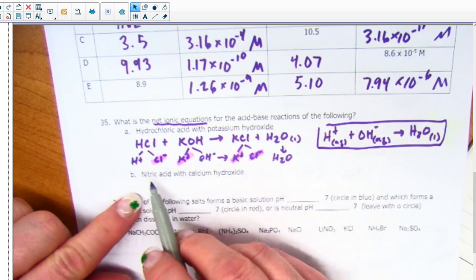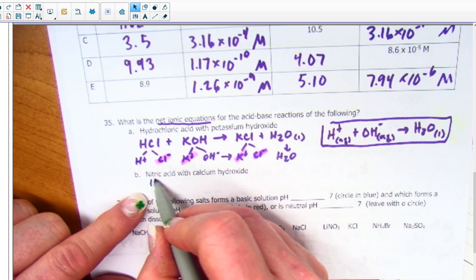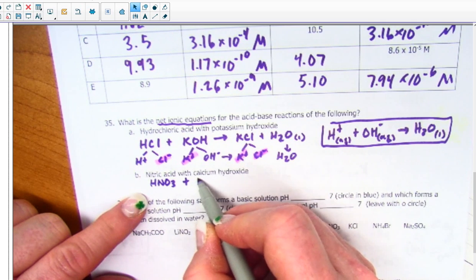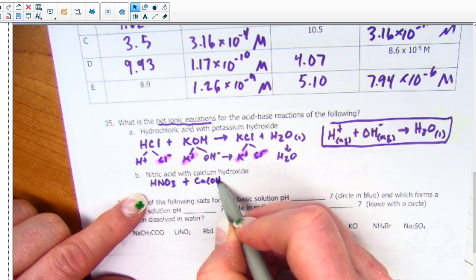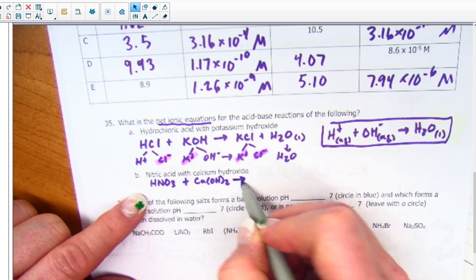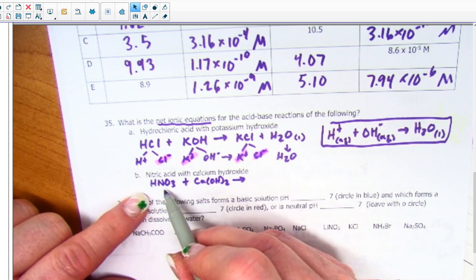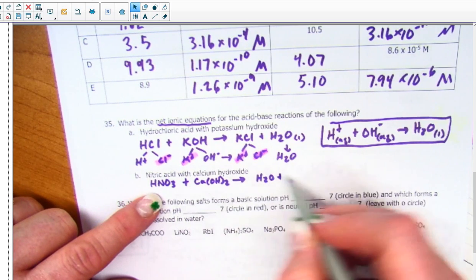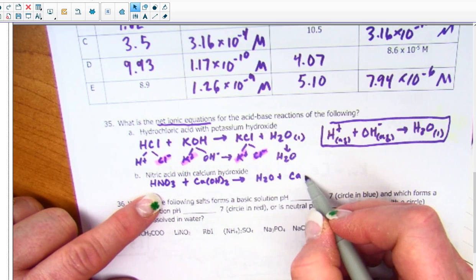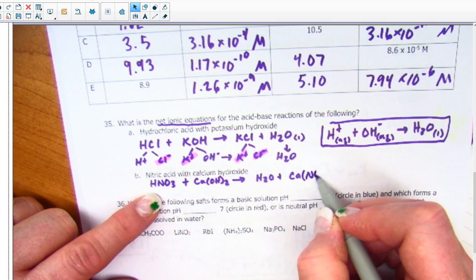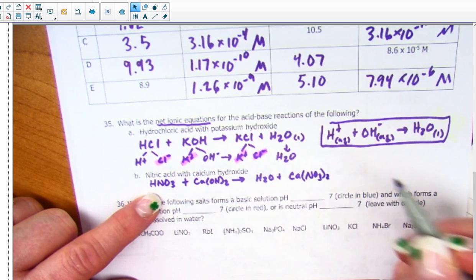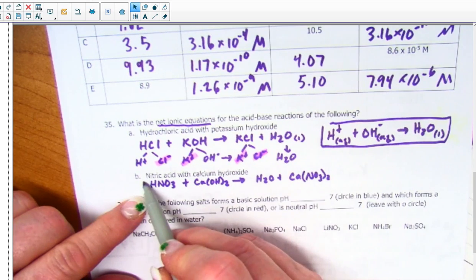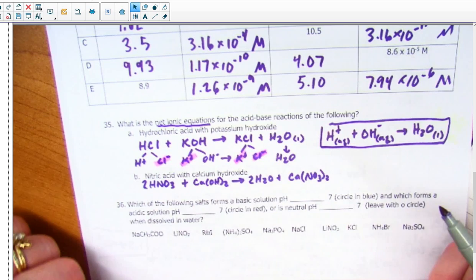Okay. Now if we look at the next one, nitric acid HNO3 plus calcium hydroxide Ca(OH)2 gives me, outsides make water, H2O, insides make the salt, Ca, which has a plus 2, with NO3, which has a minus 1, so I'm going to need two of them. Now again, I need to balance it, so I'm going to need 2 of these and 2 of these.